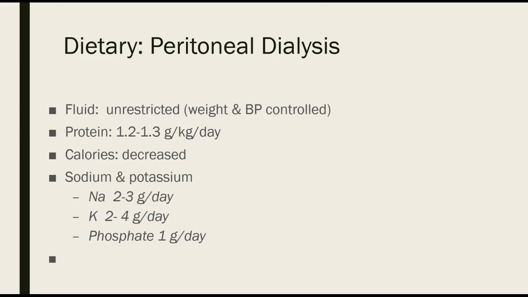Just keep monitoring those lab values, and if the lab values are going up, then obviously we'd want to back off on the amount of sodium, potassium, and phosphate that the patient is having.